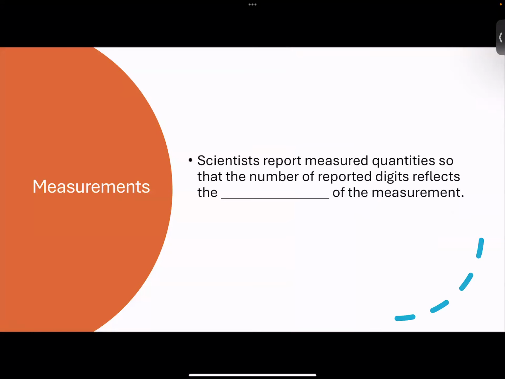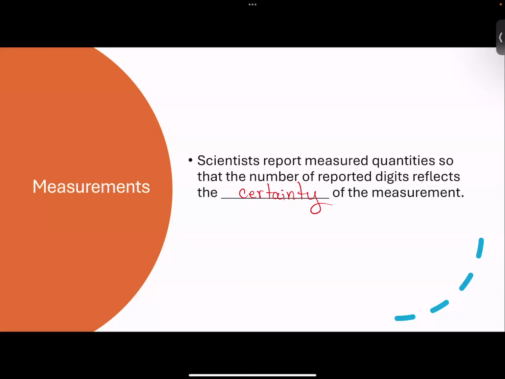So when a scientist reports a measured quantity, they do so that the reported significant digits reflect the certainty of the measurement.